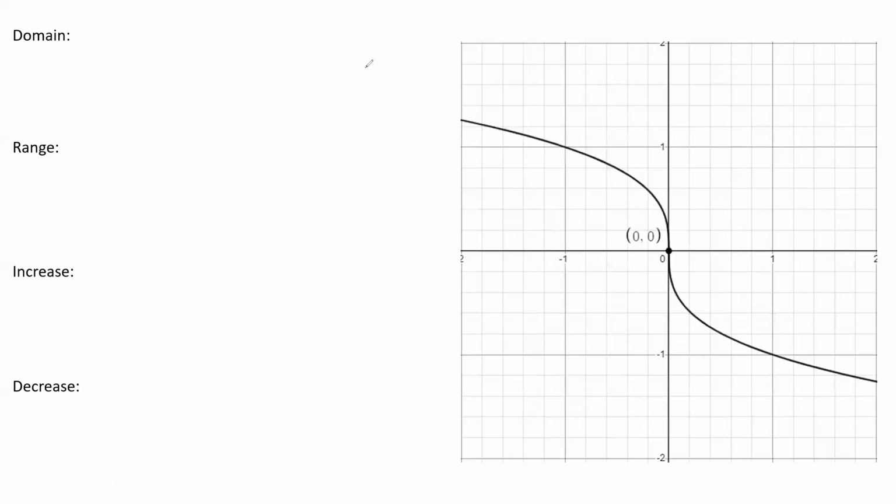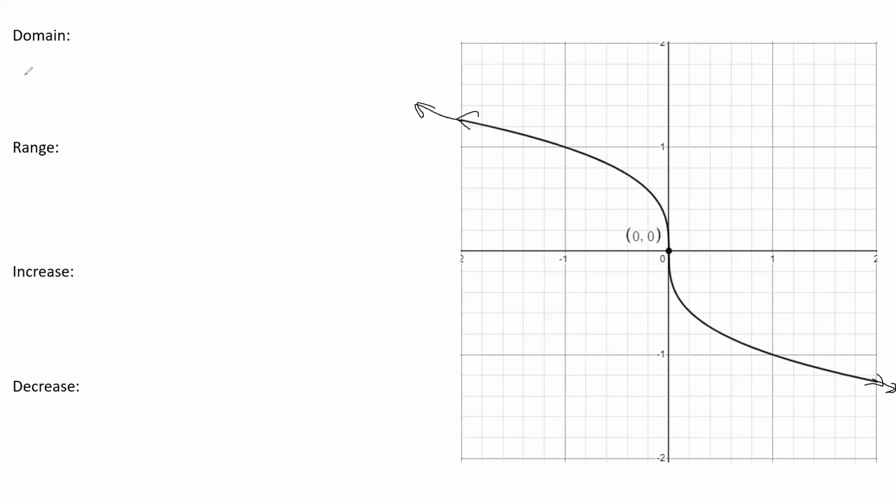All right, so this one's much more curvy. So let's see, we're starting with the domain. So the domain is all possible x values. Is there any point where there's a hole where this doesn't go to infinity, looking from left to right? Not really, because this left side is going to go up forever, and this right side is going to go down forever.